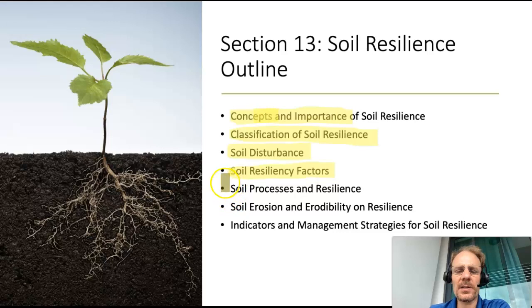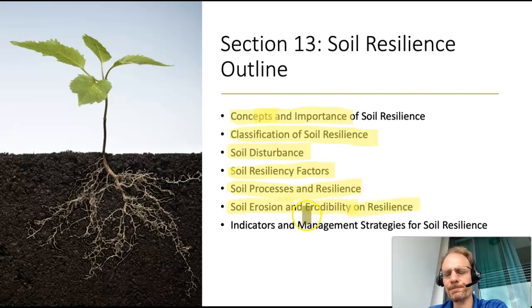Then we'll talk about some soil processes and how they influence soil resilience, and then soil erosion, and specifically how soil erosion and erodibility impact the resilience of soil. And in the end, we're going to talk about some indicators that will indicate whether a soil is resilient or not, and then some management strategies for improving soil resilience.